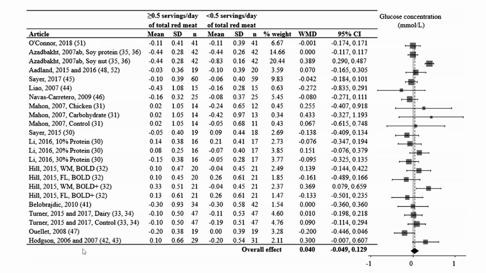And we see that Assertions 2007, AB, soy, nut 35 and 36 references, okay? We find that one is statistically significant, so the third one from the top. So that one isn't, no. That one is only just, so that's Hill 2005, WM, bold, plus 32.